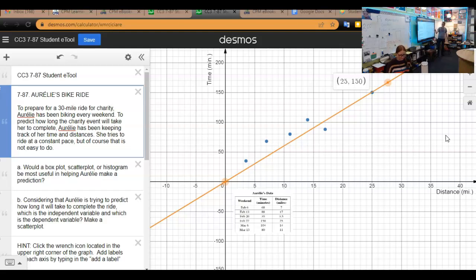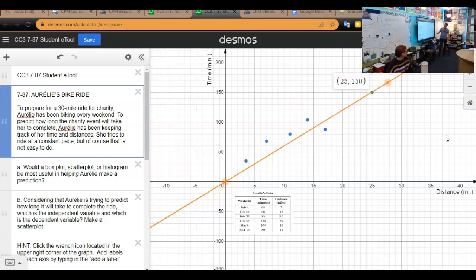Guys, notice this isn't scaled equally. The y-axis is scaled differently than the x-axis. That was on purpose to guide us to putting time over there, distance over here. So if I set up 150 over 25, what is that? 6. So our equation now becomes y equals 6x plus nothing, because we're through the origin.